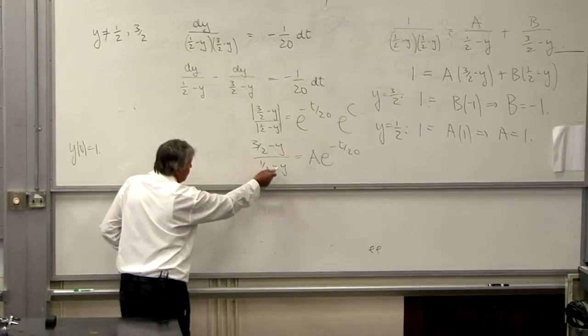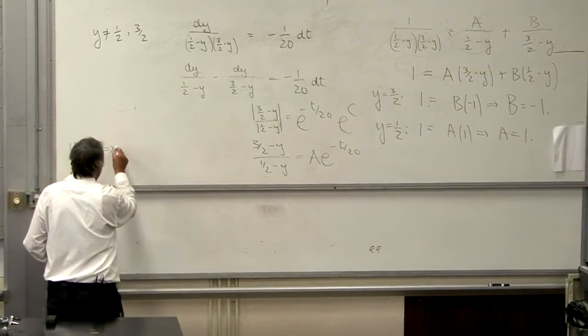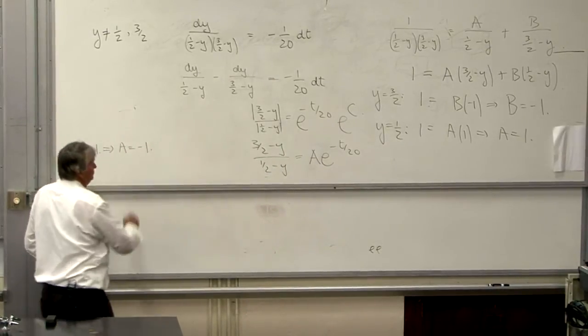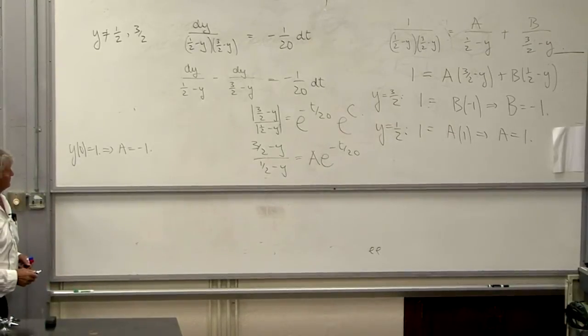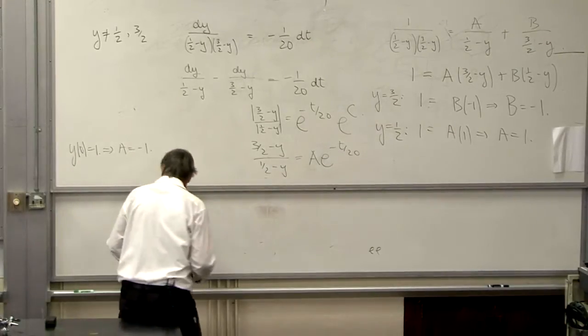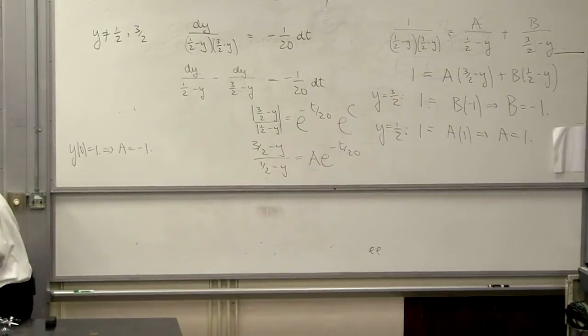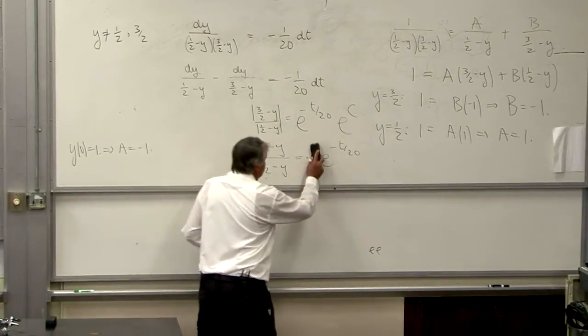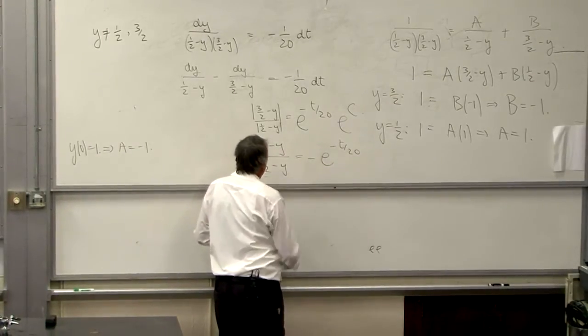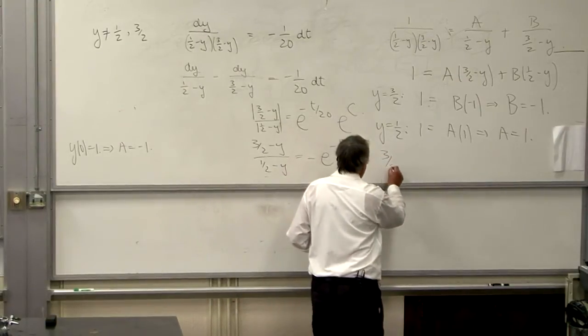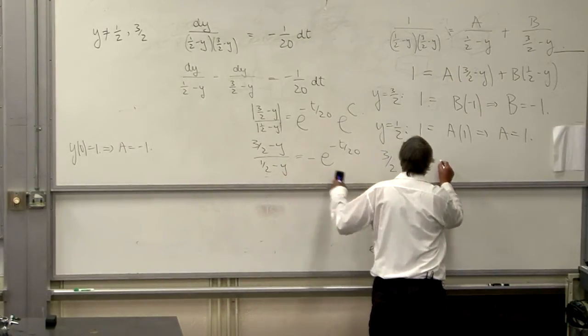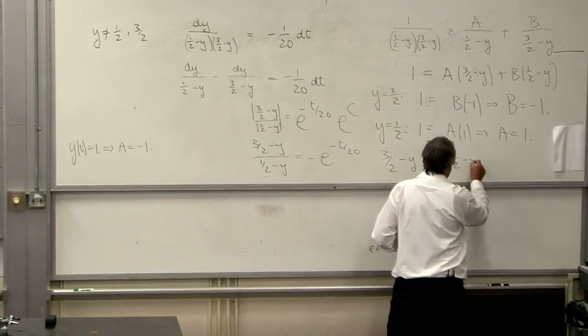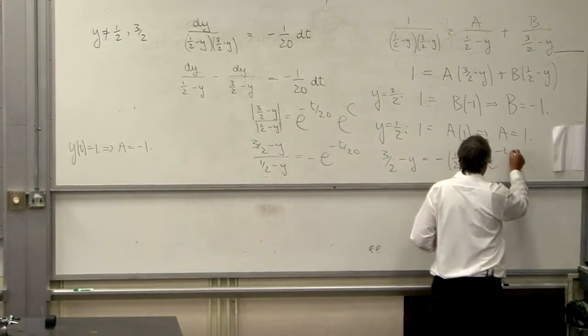So it's a half over minus a half. So that implies that A is minus 1. Now, if A is minus 1, then I have 3/2 minus y equals minus (a half minus y) times e to the minus t over 20.